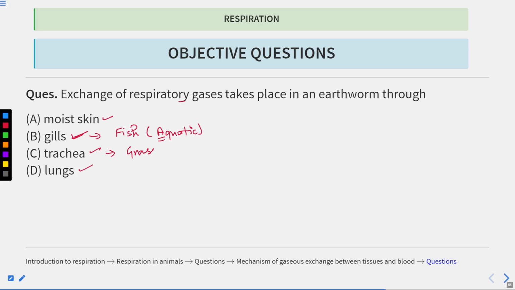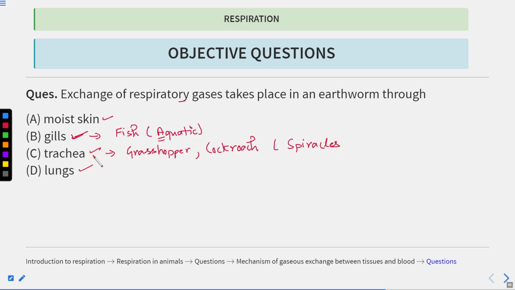So when we studied about the respiration in the grasshopper, or you can say cockroach also, another example is cockroach. So tracheal system is present in the members of the phylum Arthropoda, which includes all the insects. So here what happens? Exchange of the gases takes place in the organs known as spiracles.